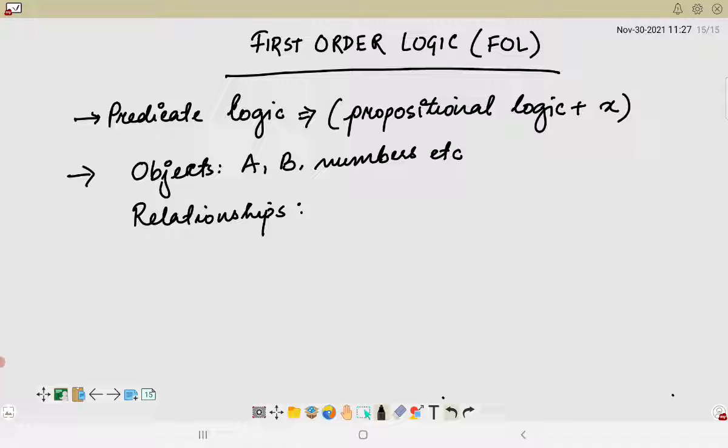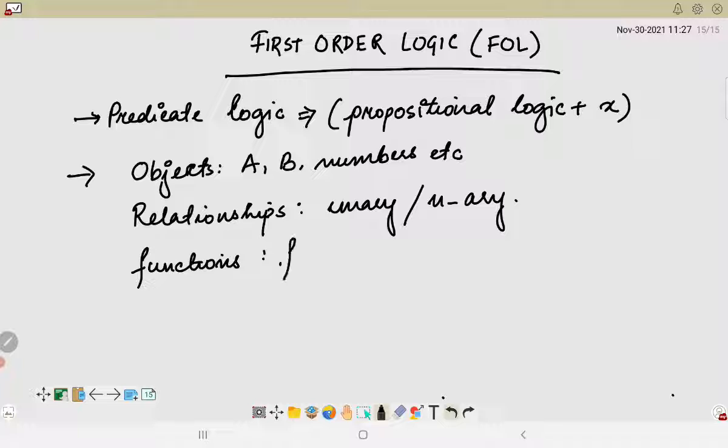So all those relationships would be considered, either a single relation or an n-ary relation. It can also consider various functions. Functions may be father of, best friend, third inning, or end of. All these functions can be considered when we are using first order logic.